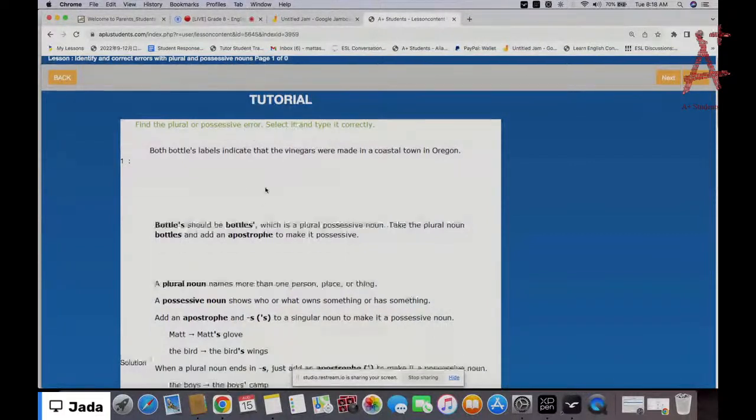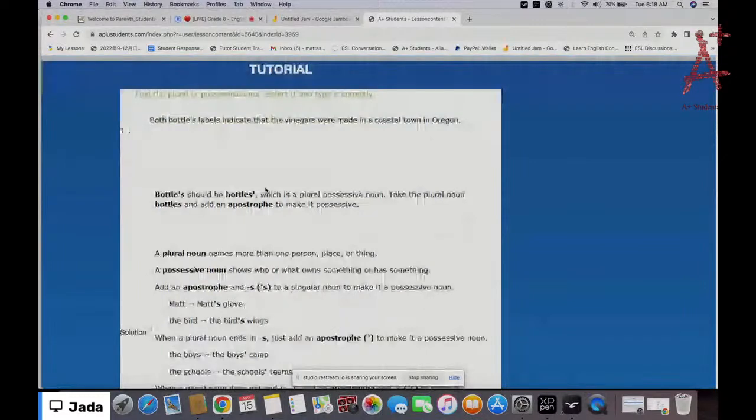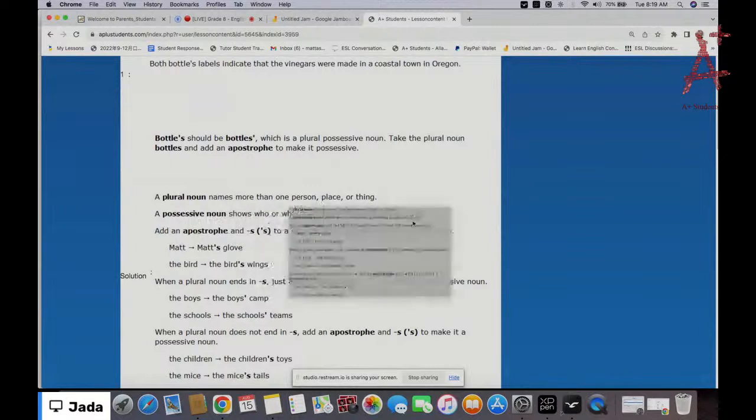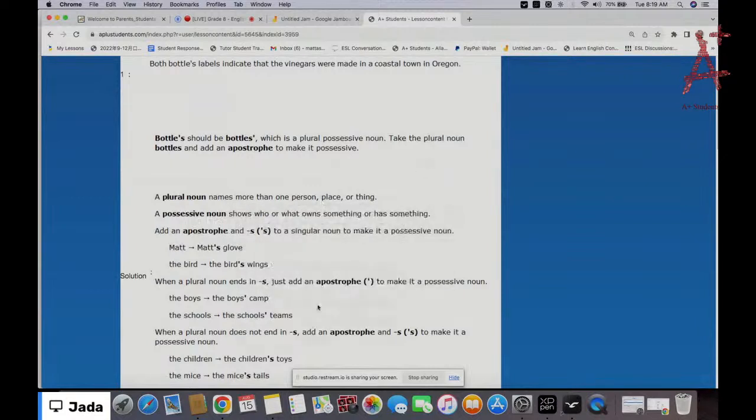So first of all, we need to have an idea of the explanation. A plural noun names more than one person, place, or thing. So we all know that plural names more than one. A possessive noun shows who or what owns something or has something.